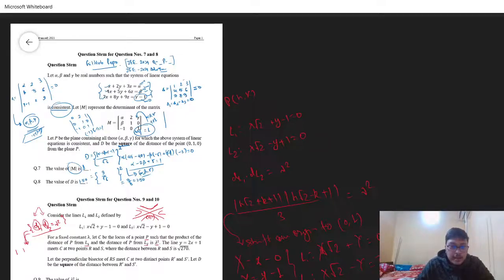And the line L, which is initially y equals 2x plus 1, will be nothing but Y equals 2X.